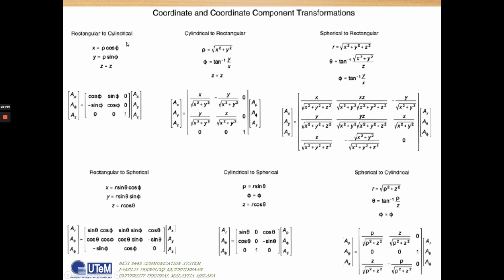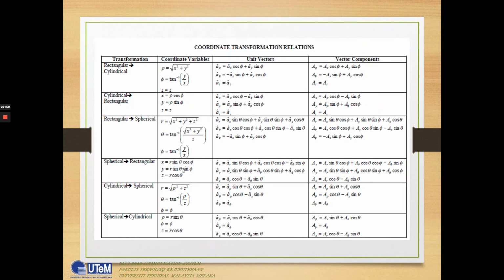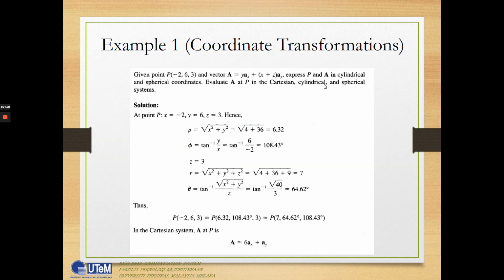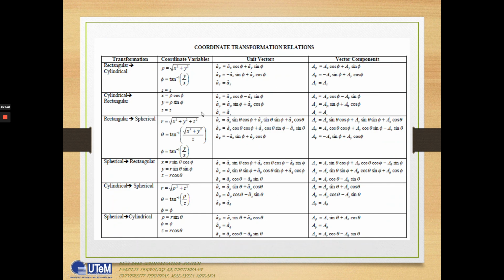If it's rectangular to cylindrical, you follow this. If it's cylindrical to rectangular, you follow this. Spherical to rectangular, you follow this, and so on. Once we do one example, it will be much clearer for you. And there are more summaries, with vector components and unit vectors and how to transform.